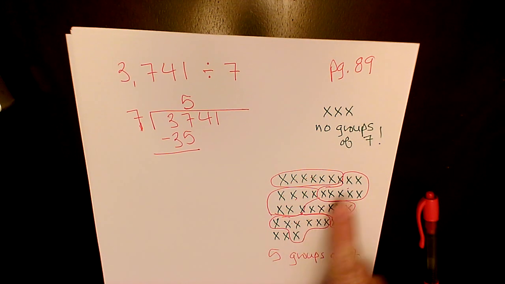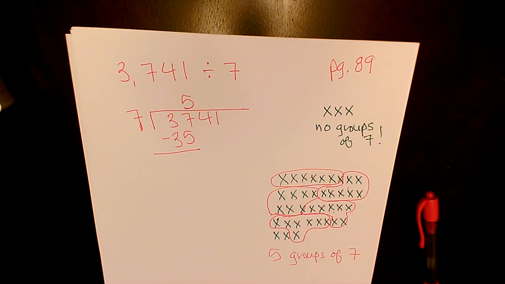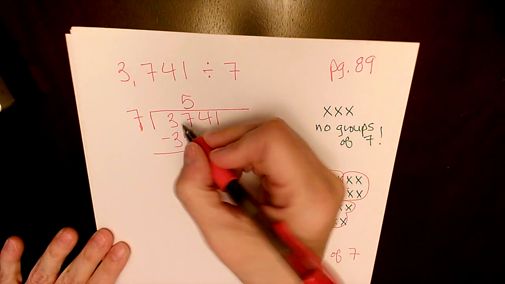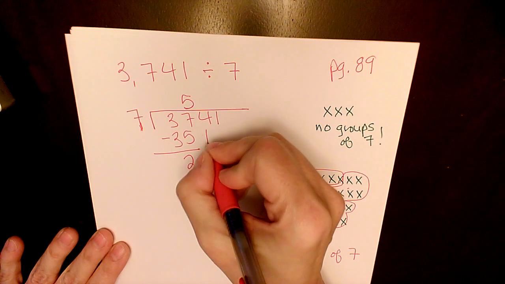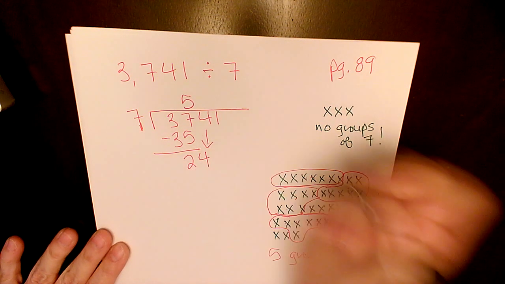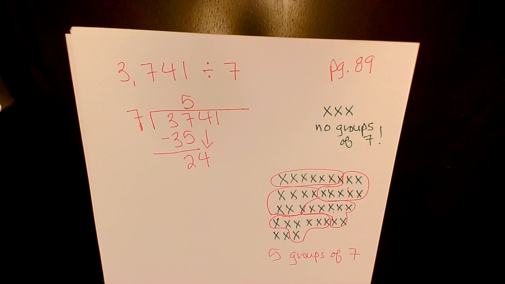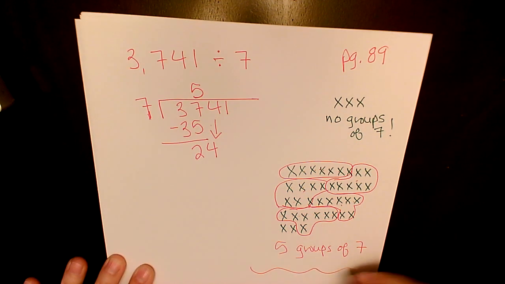Like I said, if you added up all these green X's in the circles, you would get 35. So 5 times 7 is 35. I'm going to subtract down, and I get 2. And I'm going to bring down the 4.